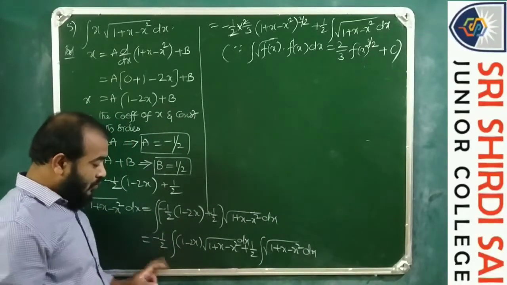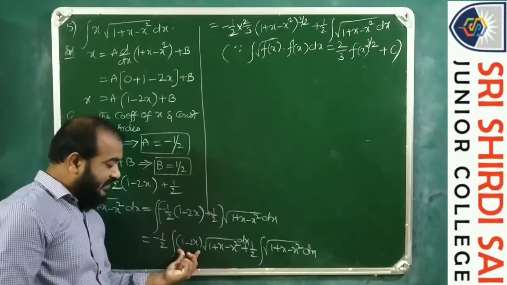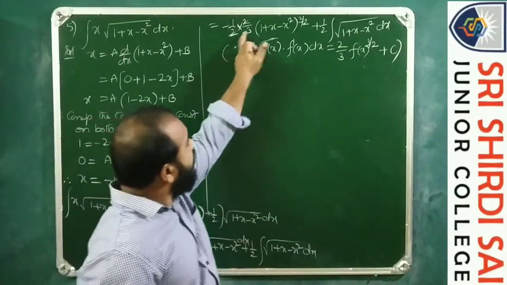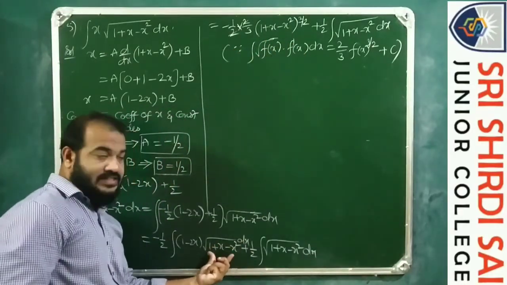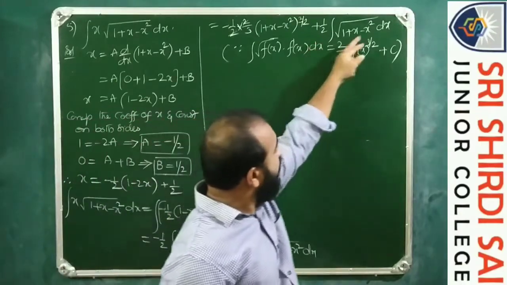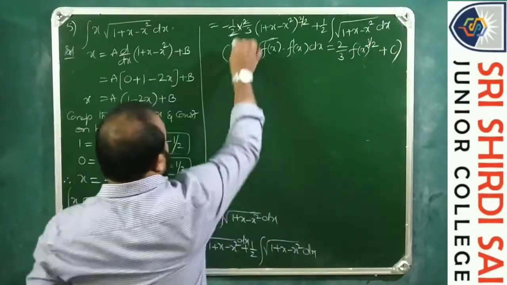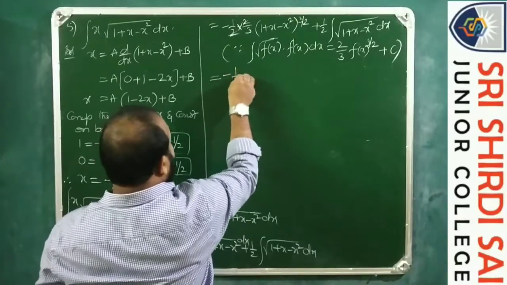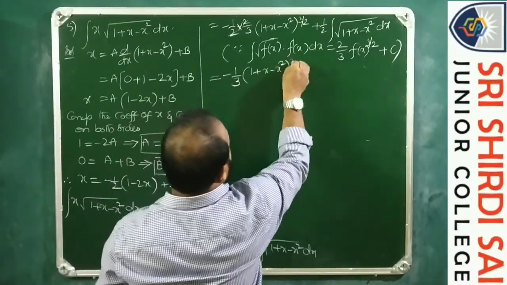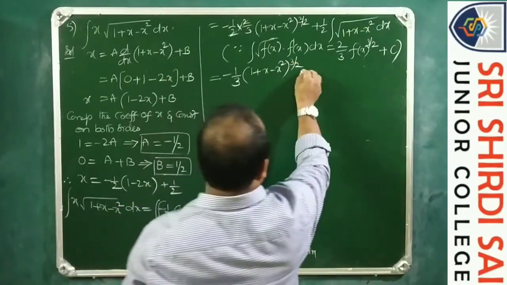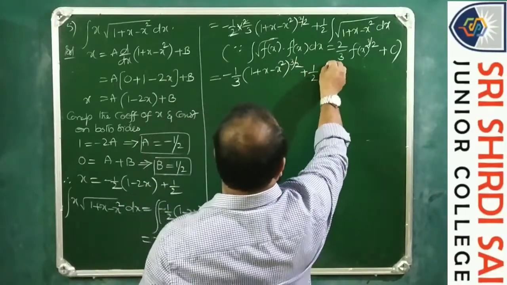So minus 1 by 2 root f of x into f dash x dx is 2 by 3 f of x, here f of x is this, whole power 3 by 2, plus 1 by 2 into this. So 2 gets cancelled. So minus 1 by 3 into 1 plus x minus x square whole power 3 by 2 plus 1 by 2.